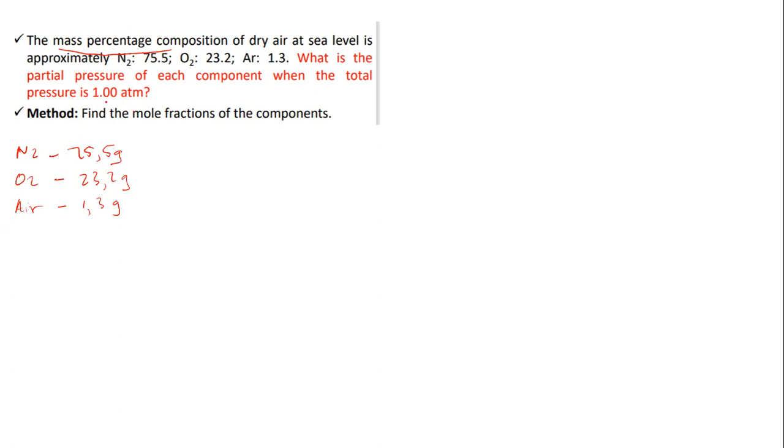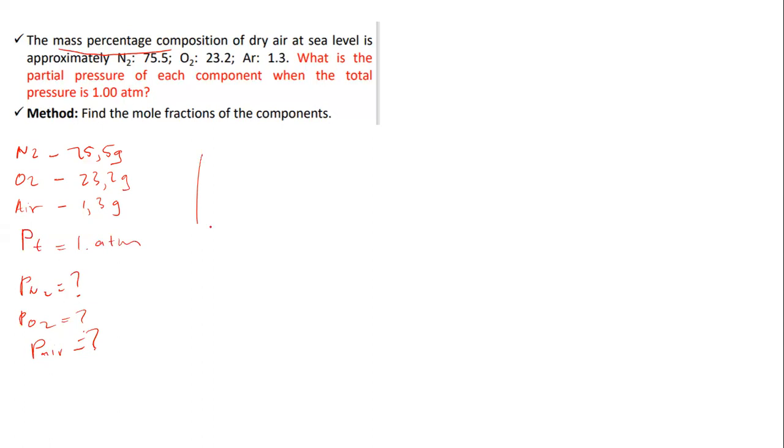So what is the partial pressure of each component when the total pressure is 1 atm? So we want to know the partial pressure of nitrogen gas, the partial pressure of oxygen gas, the partial pressure of air, meaning this is a mixture.